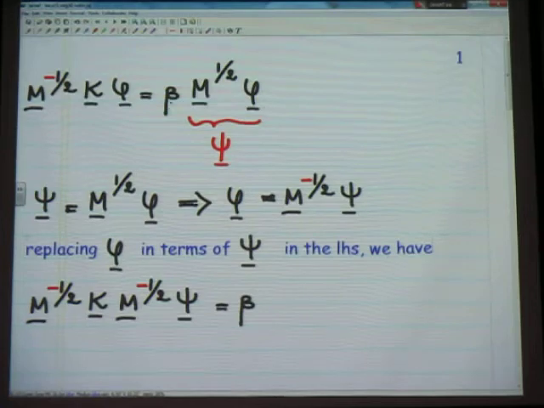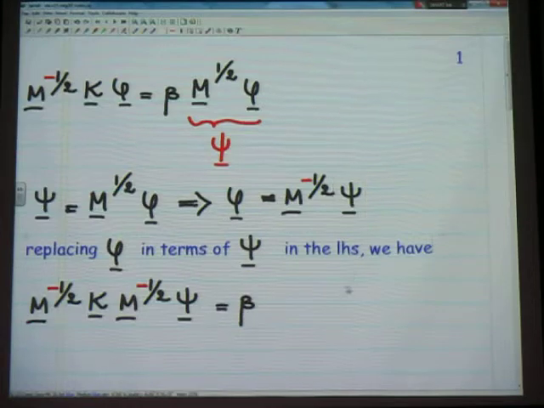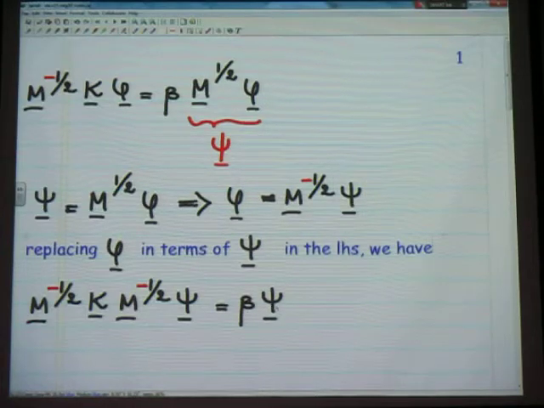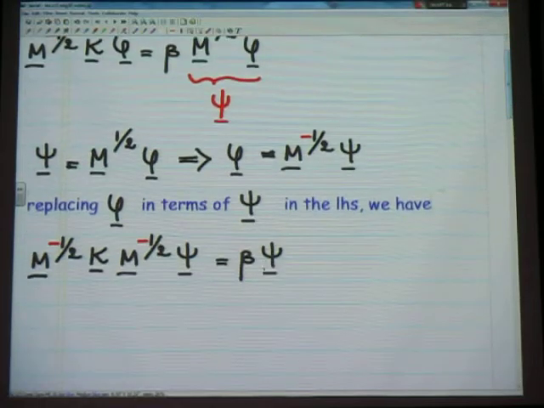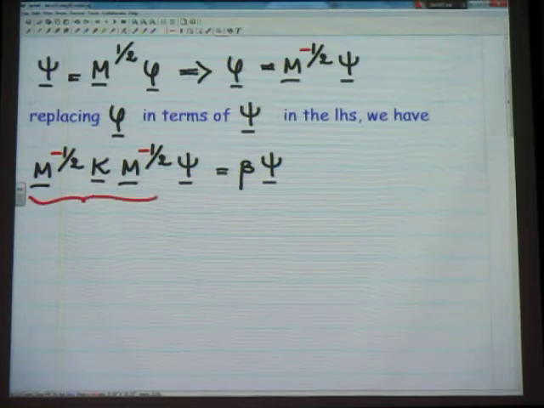And then on the right hand side you only have beta times psi. And that's it. That's the standard eigenvalue problem with the new stiffness matrix K bar. So this is K bar.